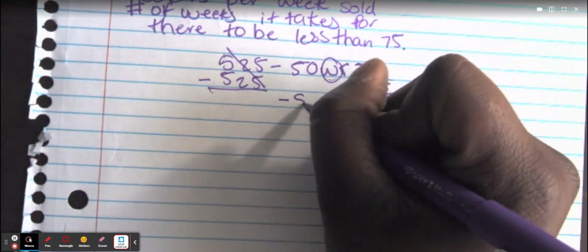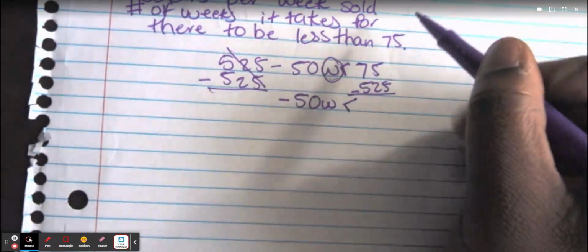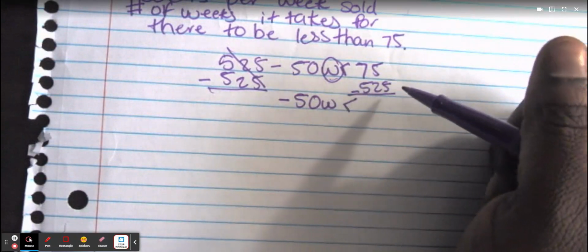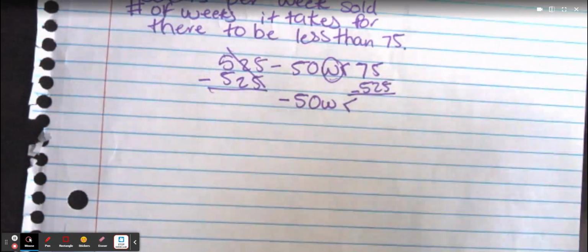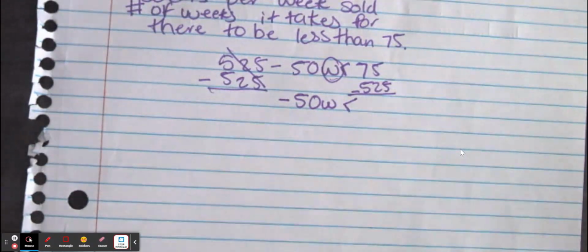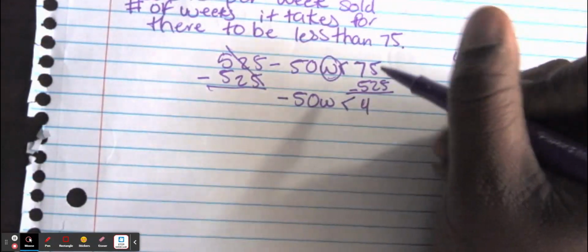So here, negative 50 W is less than, let's see, if I have 525, so that's 455 in total.